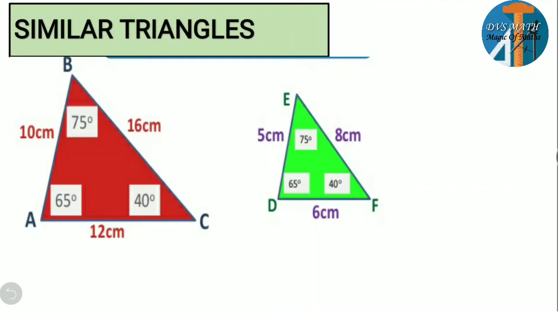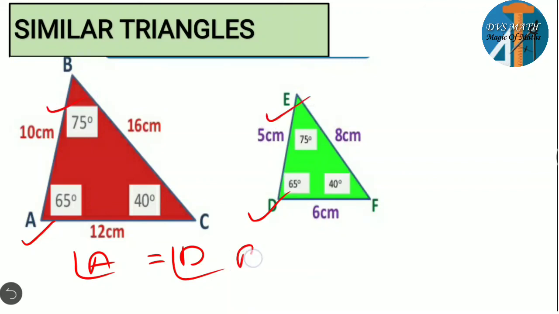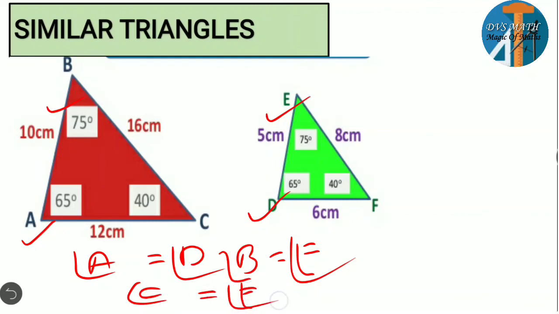Angle A is 65, and angle D is 65, so angle A equals angle D, right? Angle B is 75, angle E is 75, so angle B equals angle E, correct? And angle C equals angle F. So our first condition holds, meaning corresponding angles are equal.